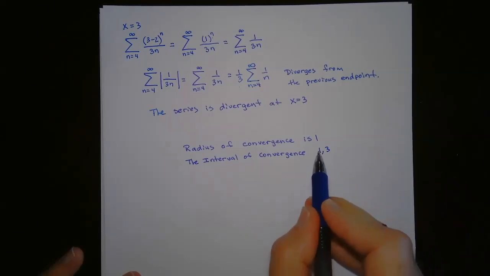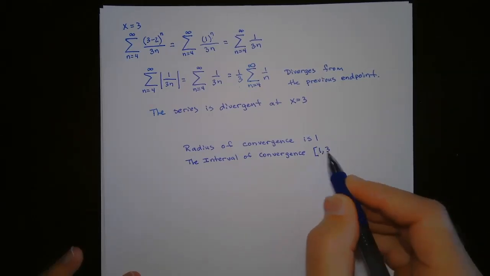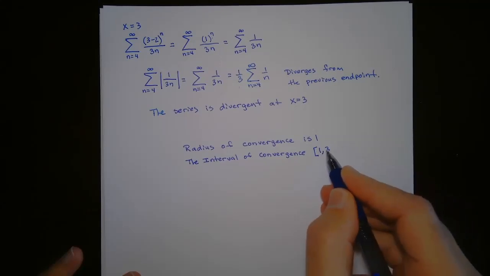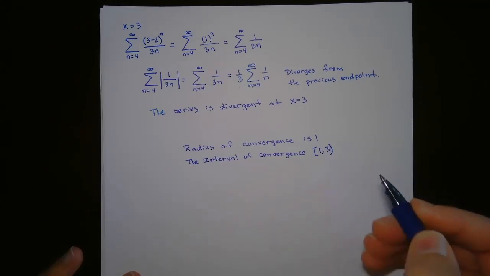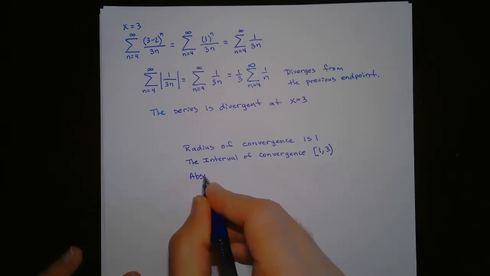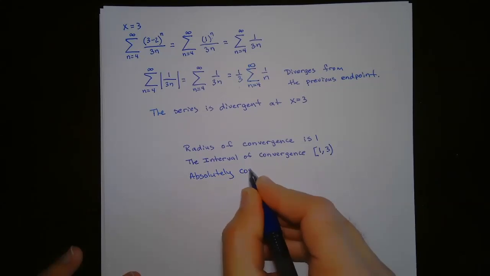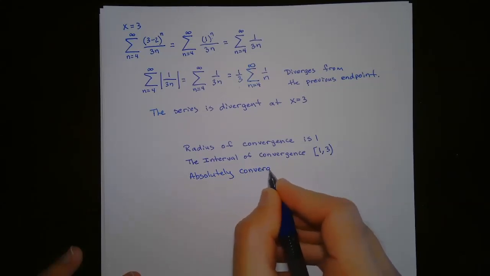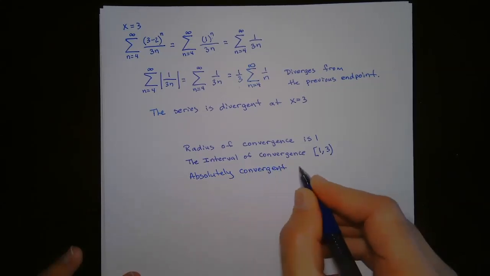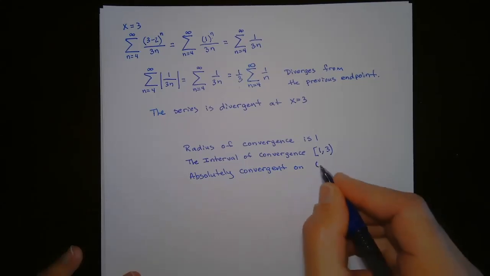And it's conditionally convergent at 1, so we're going to put a bracket on that because that's a convergence. And then at 3, we said it was divergent, so that should be a parenthesis. And so it's absolutely convergent on the interval 1 to 3, not including 1 because it was conditional at 1.